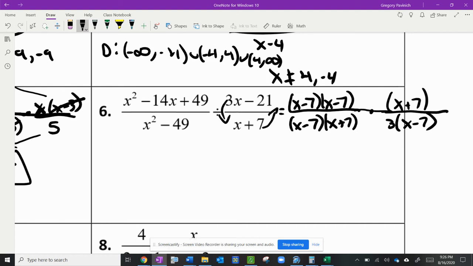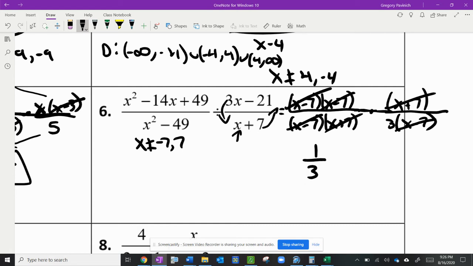And now remember, we're one big fraction. All those 3 terms on the top are on the top, one fraction, and the denominator. So I'm free to cancel or reduce any numerator with any denominator. We go across fractions. And what am I left with? It's like a third. So 1 on the top, 3 on the bottom. What could I not equal? Here, I couldn't equal -7 and 7.